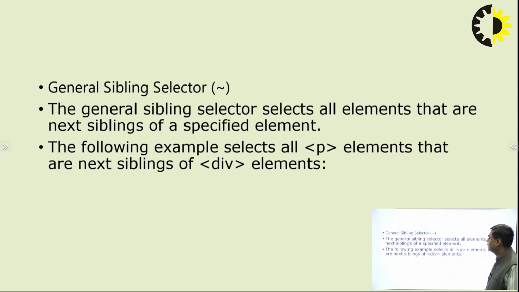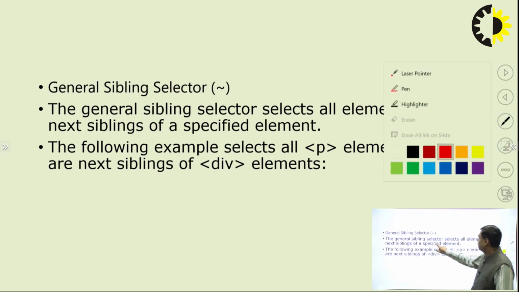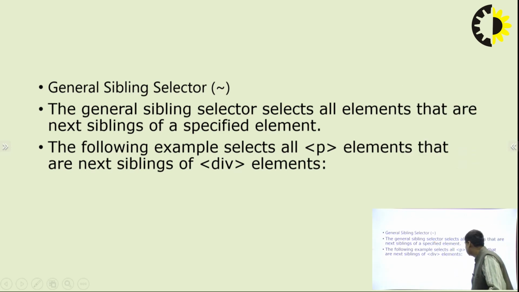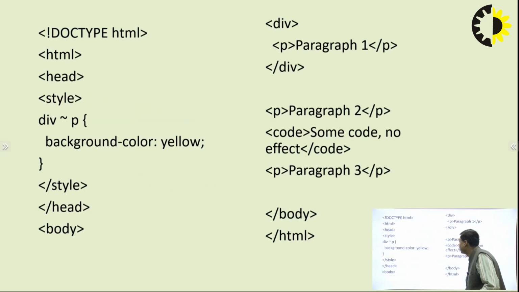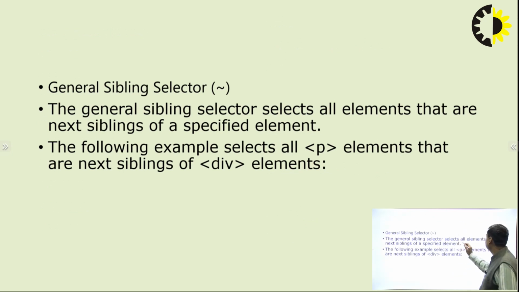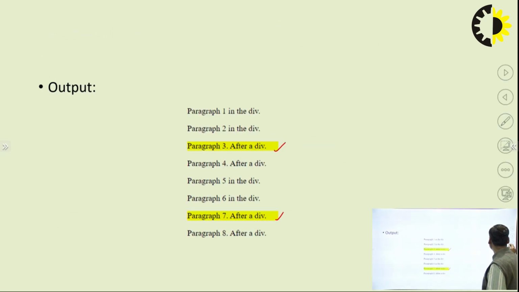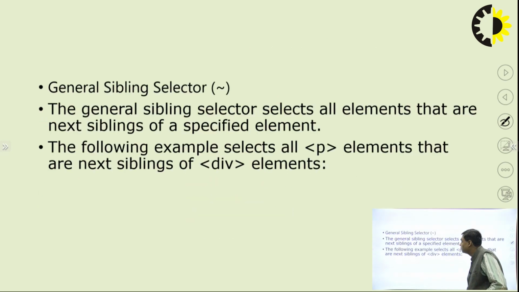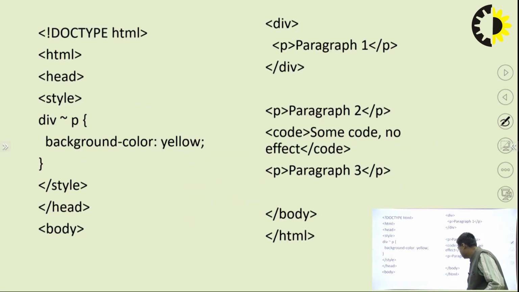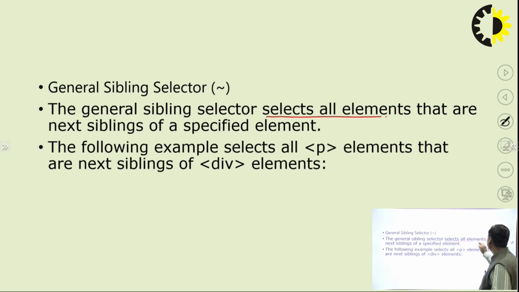In case of the general sibling selector, we select all the elements that are next siblings of the specified element.